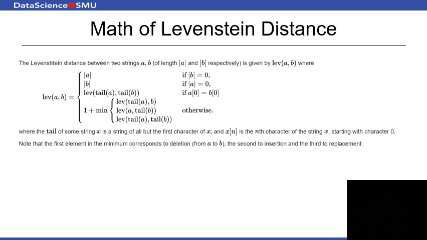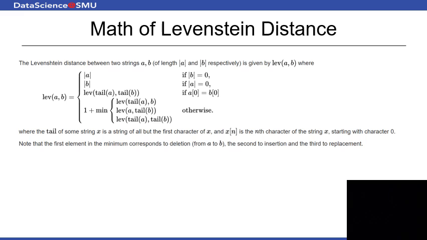Here we're showing the math behind Levenshtein distance. The equation behind the Levenshtein distance is actually somewhat of some conditional logic. If either of the strings being compared is 0, the distance is the length of the other string.